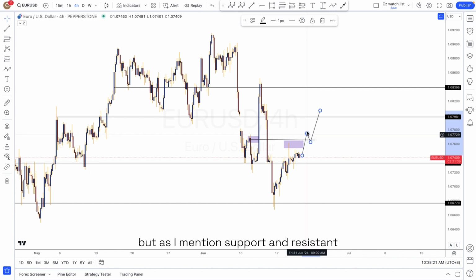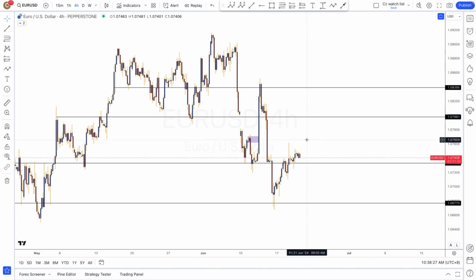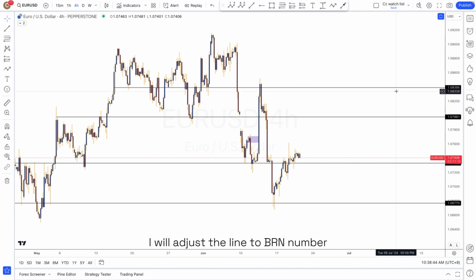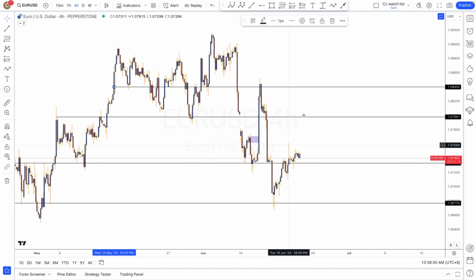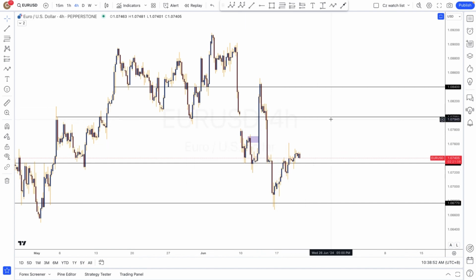But as I mentioned, support and resistance will not be your trading confirmation. It is just the area to remind or alert you to look for a potential setup. So what I will do after I draw the line, I will adjust the line to the BRN number, right?